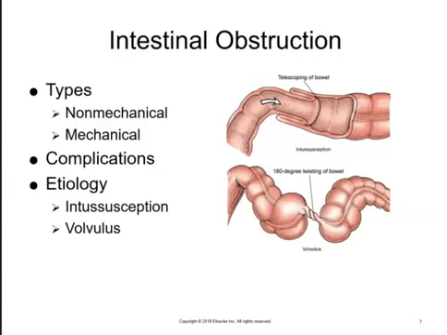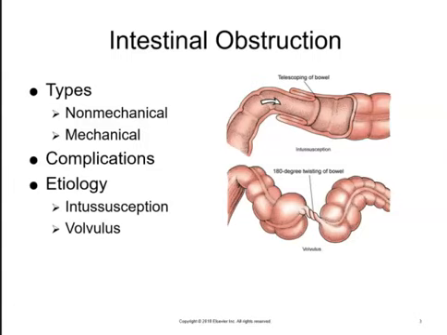There are several complications of intestinal obstructions, and that includes fluid and electrolyte imbalances and acid-base imbalances. And this really depends on where the blockage is located. Obstructions that are high in the small intestine will cause a loss of hydrochloric acid, and that's going to result in metabolic alkalosis.